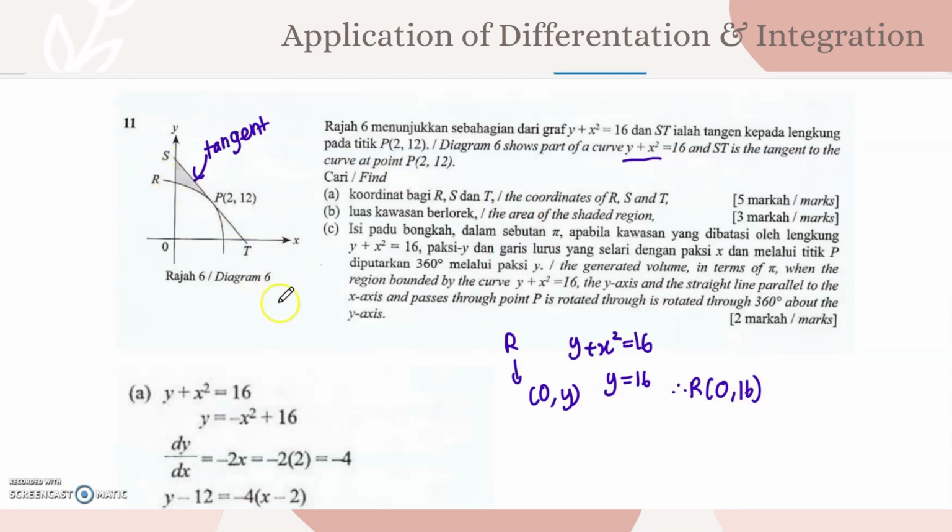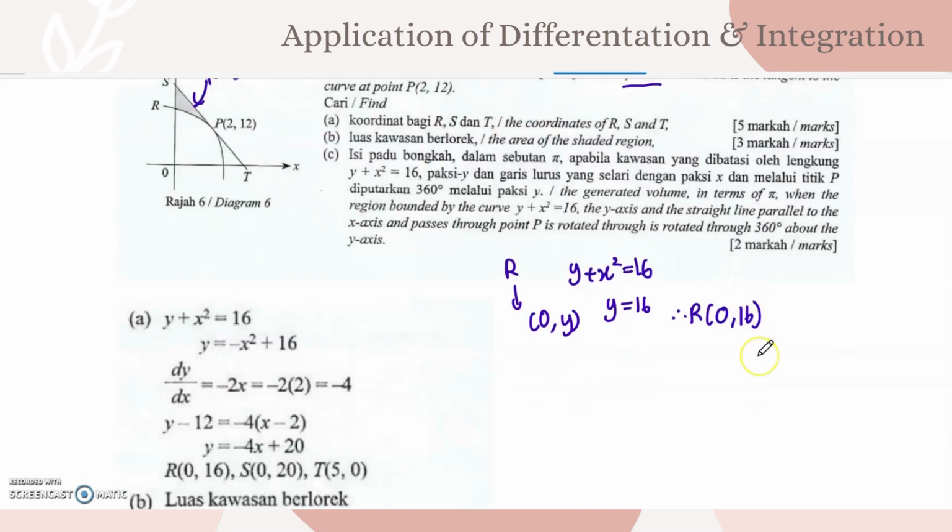So we go to the next one, S and T. As you can see, ST is actually the tangent to the curve at the point (2, 12). So before we determine the coordinates of S and T, we have to find the equation of the tangent first. Okay, so how to find the equation of the tangent? When we have a curve and we differentiate the curve, we will get the gradient of the tangent.